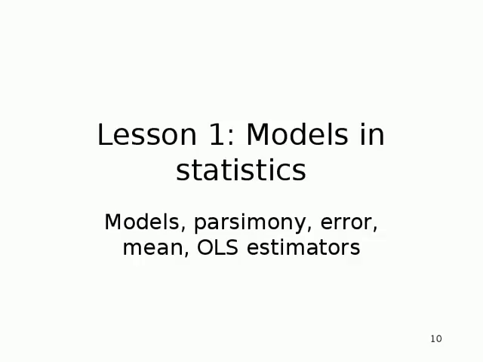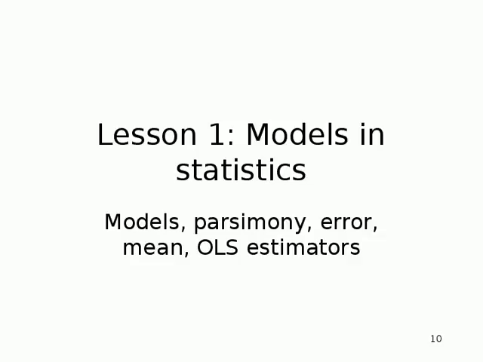And in this class, it's about models. So it's about developing models in the presence of variation, right? We're not going to have perfect data by any stretch of the imagination.